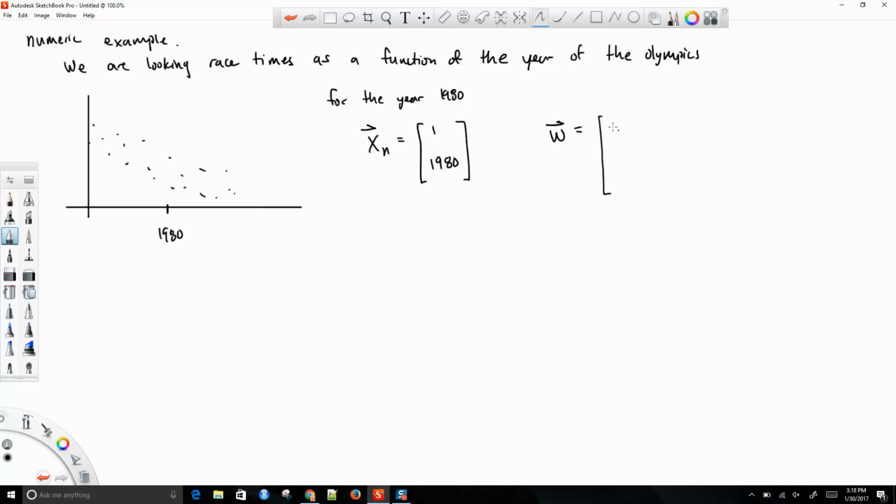Our intercept is 36.416 and our slope is negative 0.0133. We will just arbitrarily use sigma squared as 0.05. These are provided to us.